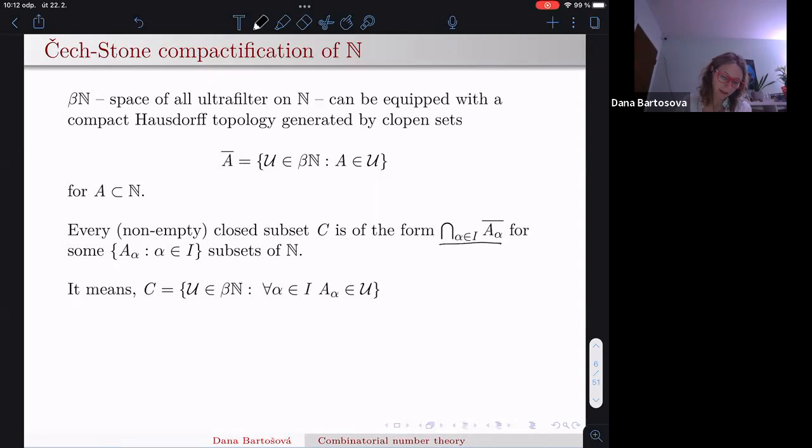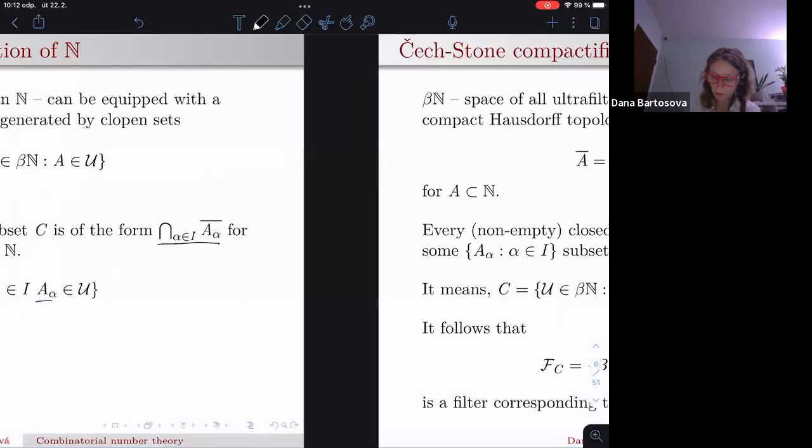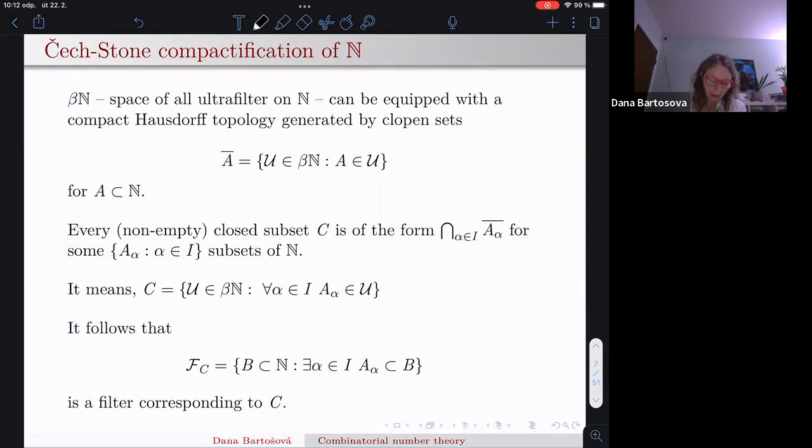And that means that C consists of all these ultrafilters that contain all of these subsets of natural numbers that give rise to those clopen sets. And that means that if I look at the filter that is generated by the A alphas, then this is going to be the filter corresponding to C.